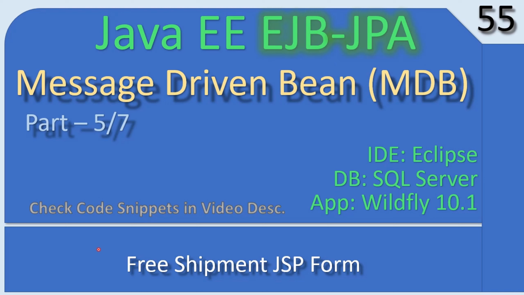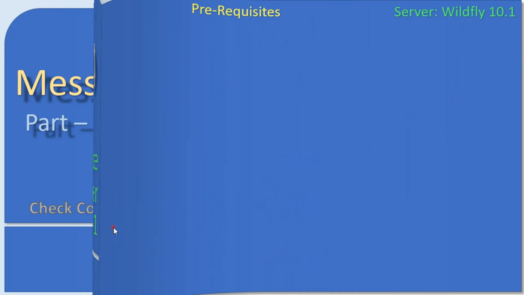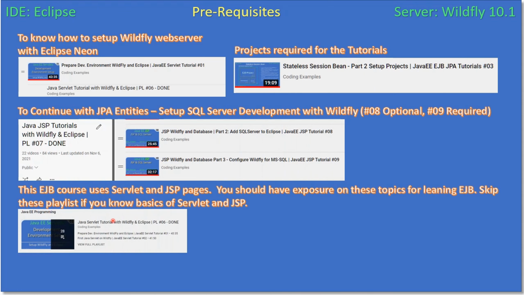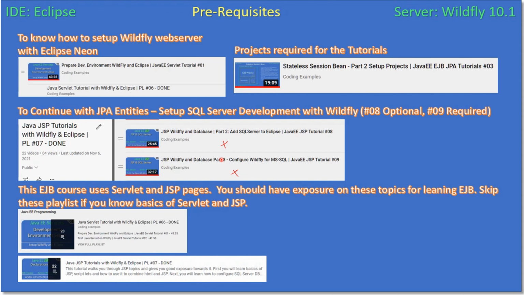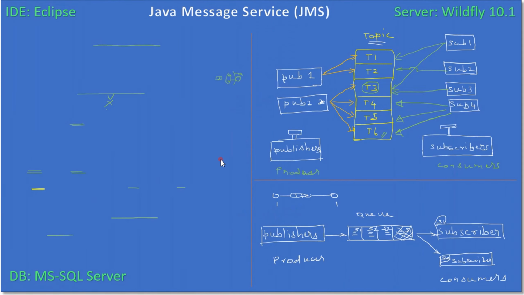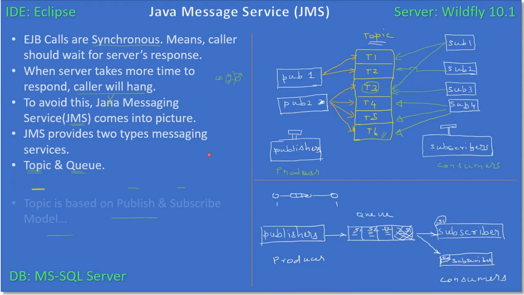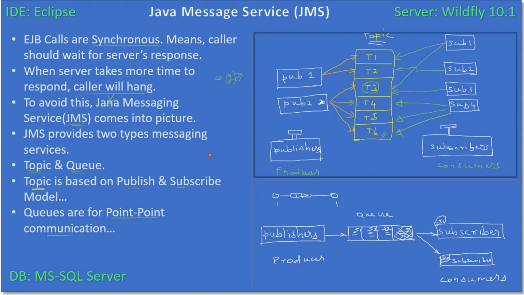We will review the previous 4 video parts now. We are not using any database, so these prerequisites are not required. First, we learned about the Java Messaging Service provided by the vendor.